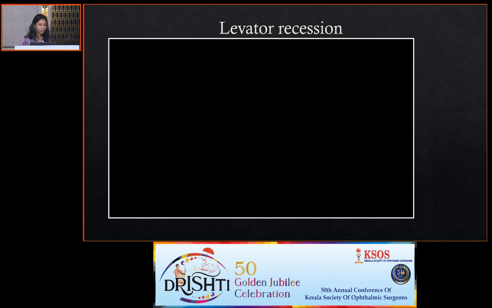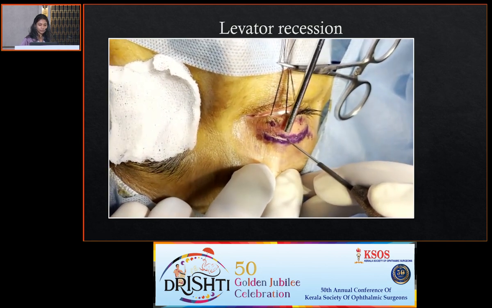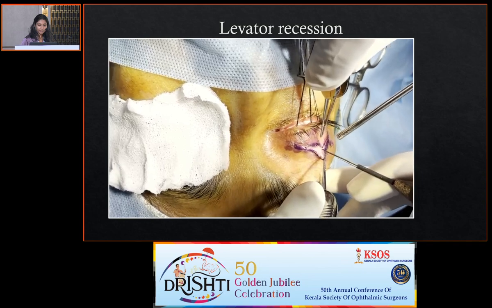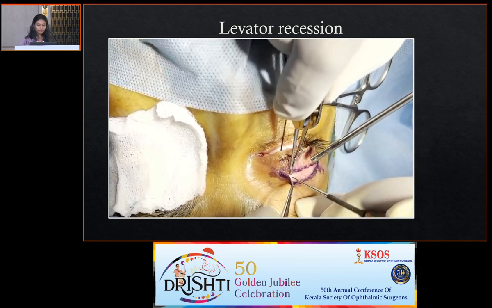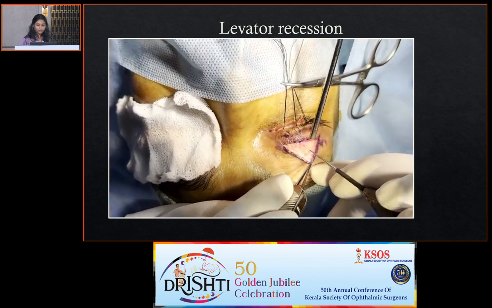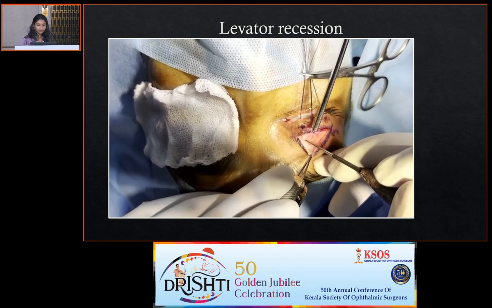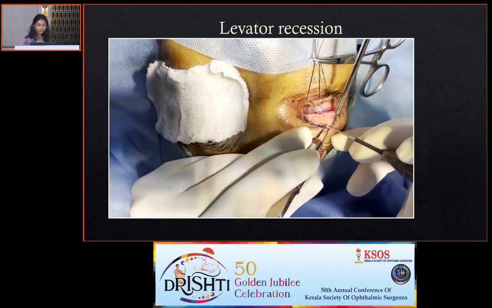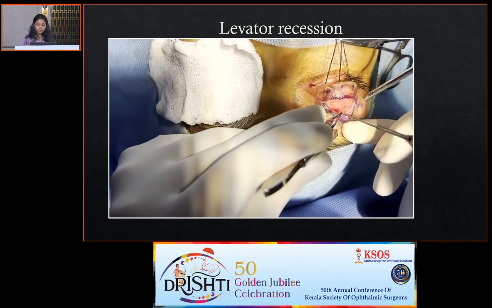Also the other procedures which I do along with this orbicularis transfer, performed under local anesthesia: lid crease incision is made, levator recession, orbicularis is incised, levator aponeurosis is exposed, septum is excised and removed.